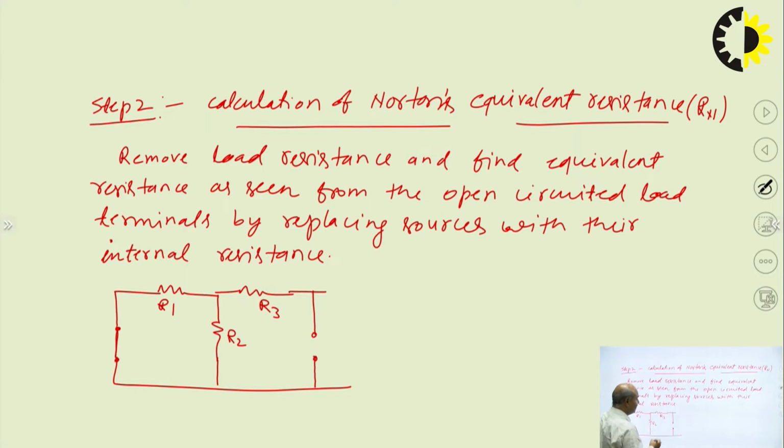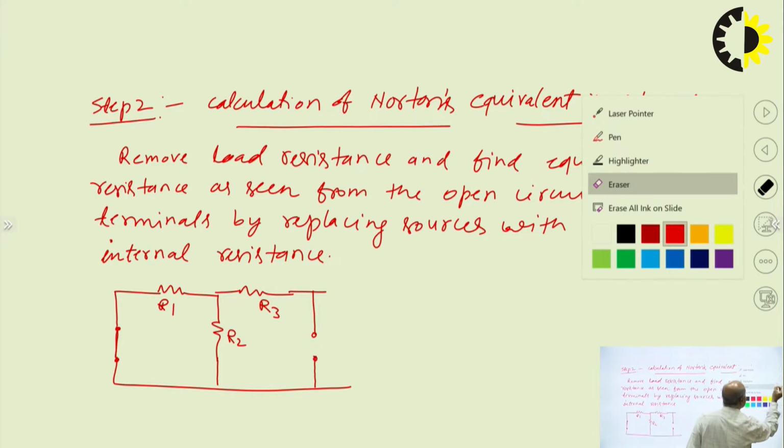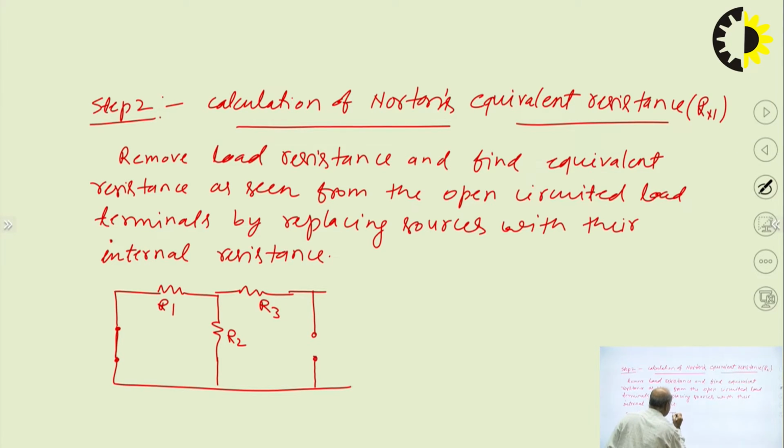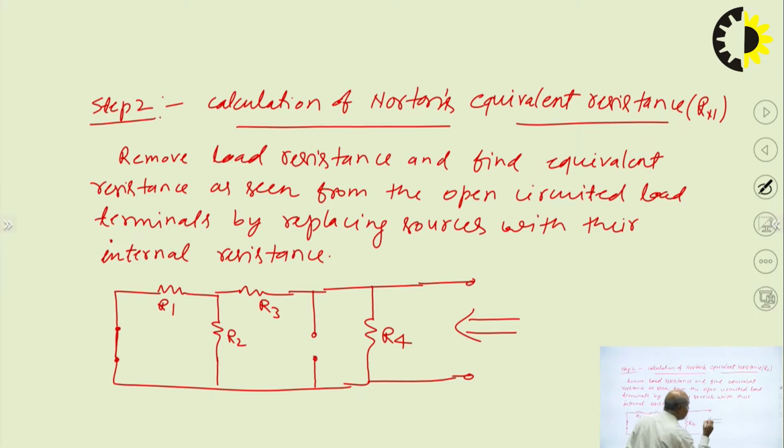And here was our resistance R4, in parallel with the current source, and here was our load. Load is removed, and we will find the equivalent resistance seen from the load terminals, and this equivalent resistance will be known as Rn or Req.